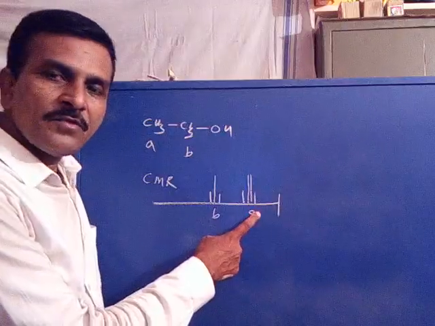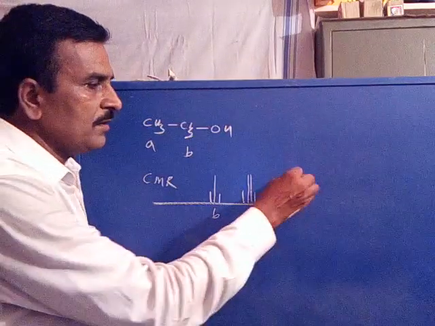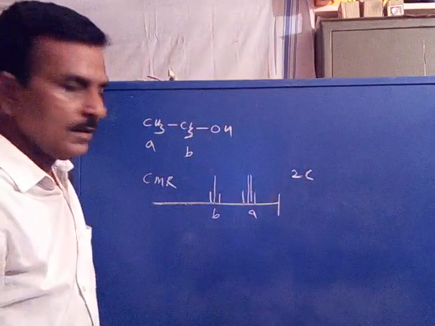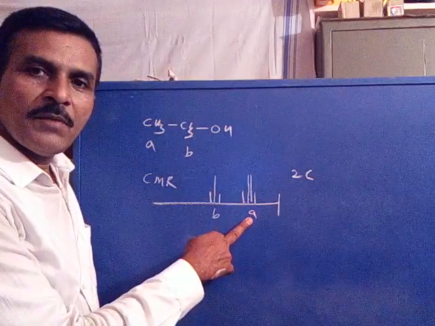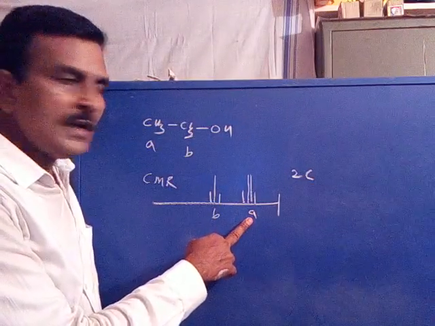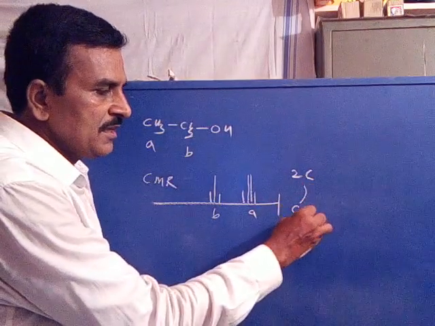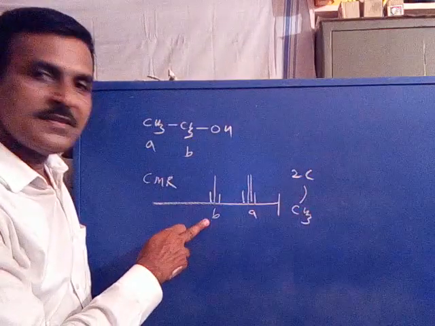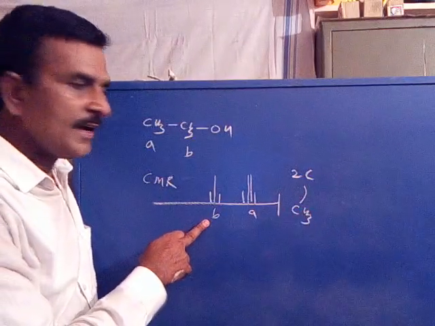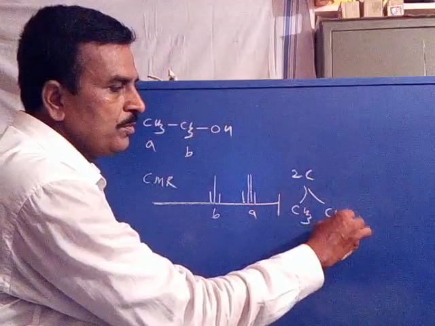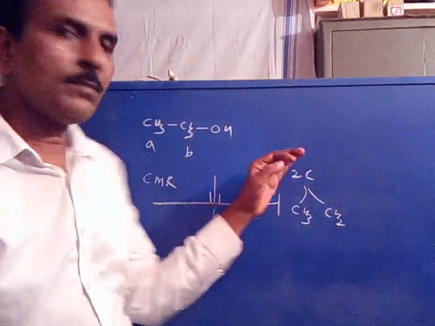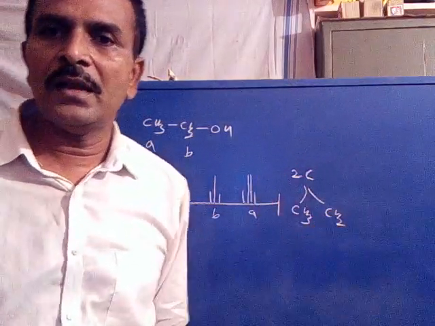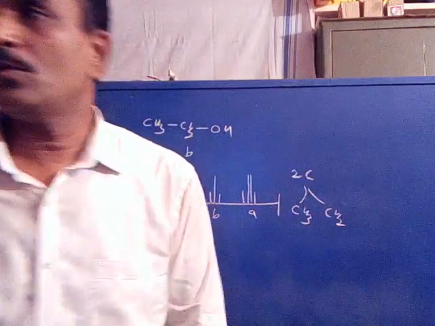The first signal multiplicity is quartet, indicating the presence of a CH3 group. The second signal multiplicity is triplet, indicating the presence of a CH2 group. So there are 2 carbons, one CH3 and another one belonging to CH2.